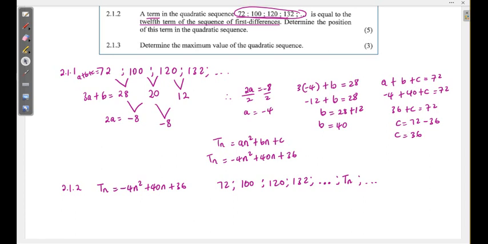Now our first differences, remember, are 28, 20, 12. These first differences continue in that way, and then at position 12 of these first differences you have a certain term, and that term is equal to the one in the quadratic sequence.